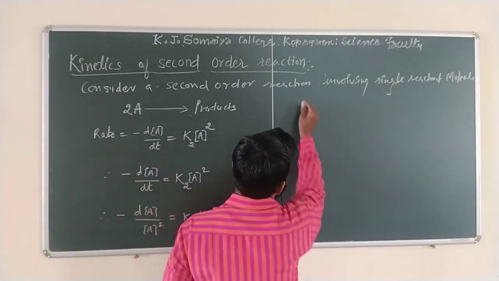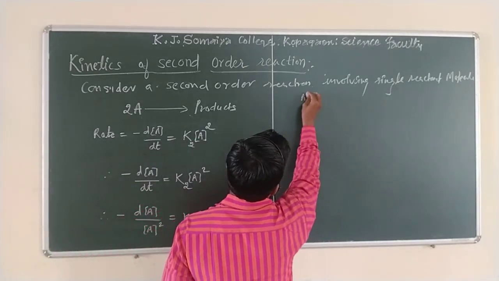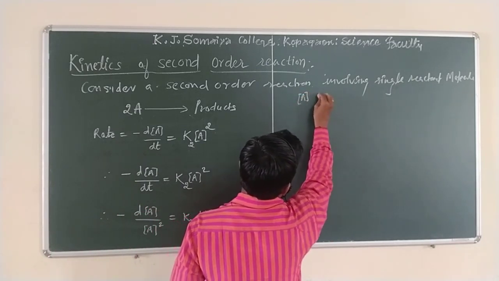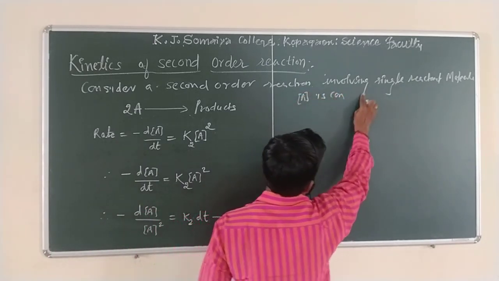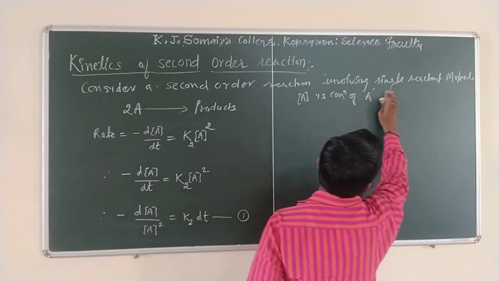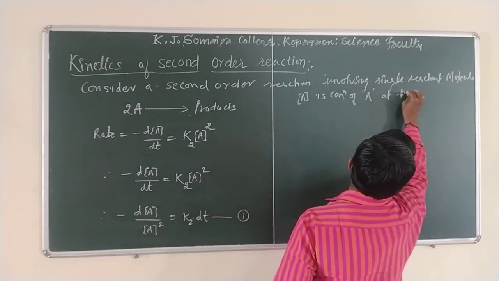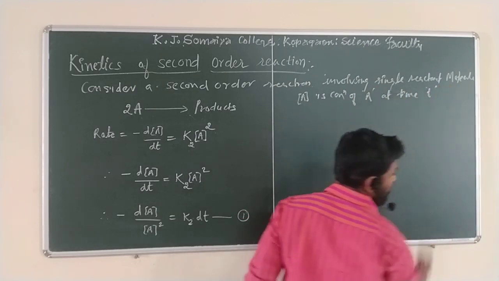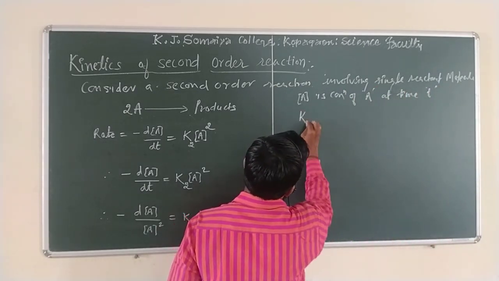What we have to consider here, very important: A is the concentration of A, the reactant molecules at time t. And K2, what is K2?